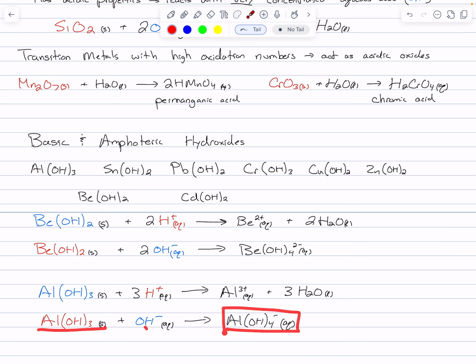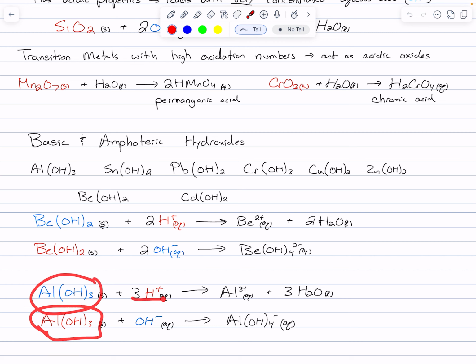I forget the pH range. It's like above 10 or something like that, or above 12. Most of the time, aluminum hydroxide is insoluble. But if you have enough acid, it dissolves, or if you have enough base, it dissolves. That's kind of neat, just some of these properties of these oxides.